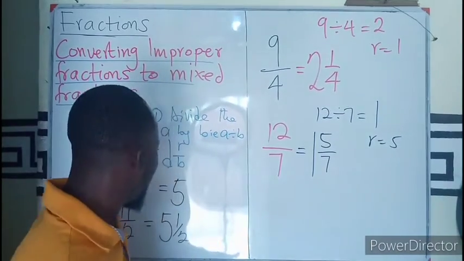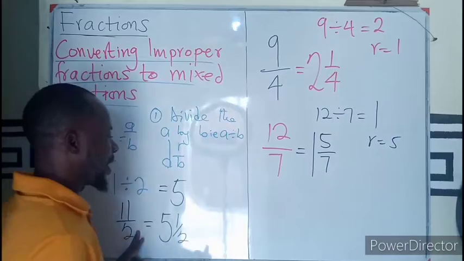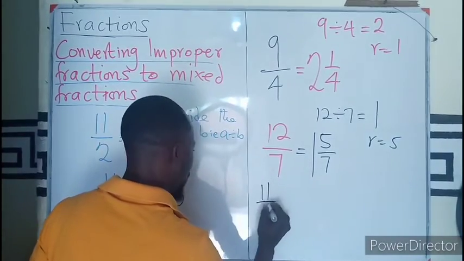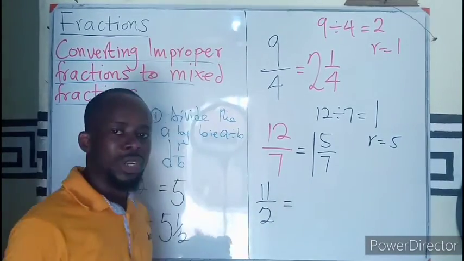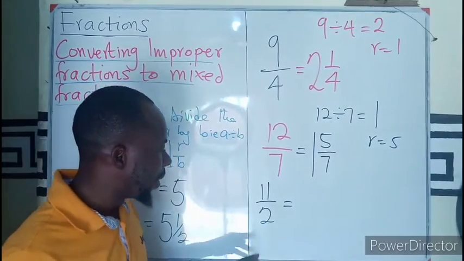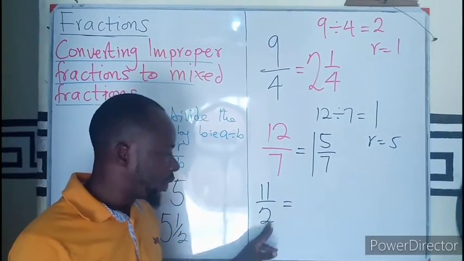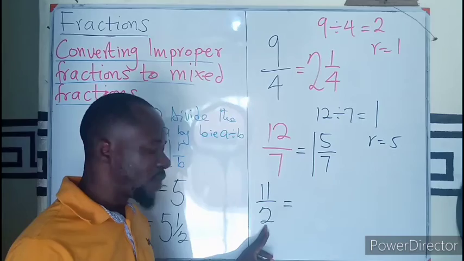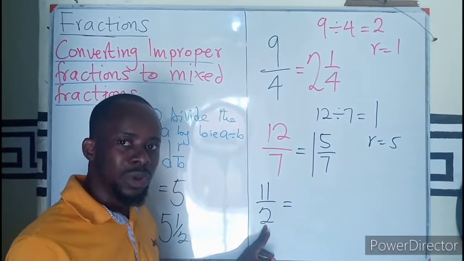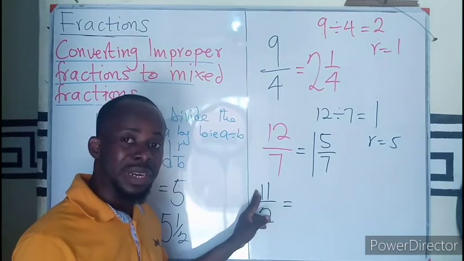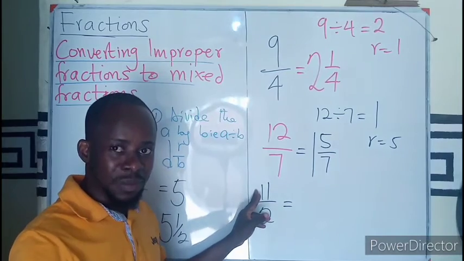We can also say that, let's take our 11 over 2. We want to convert, so we are going to find the division. If you are counting your 2 times table, you have to get a number closer to 11, not more than 11.